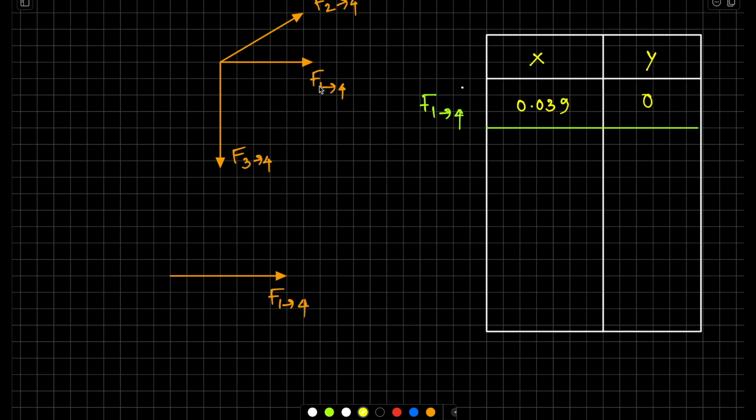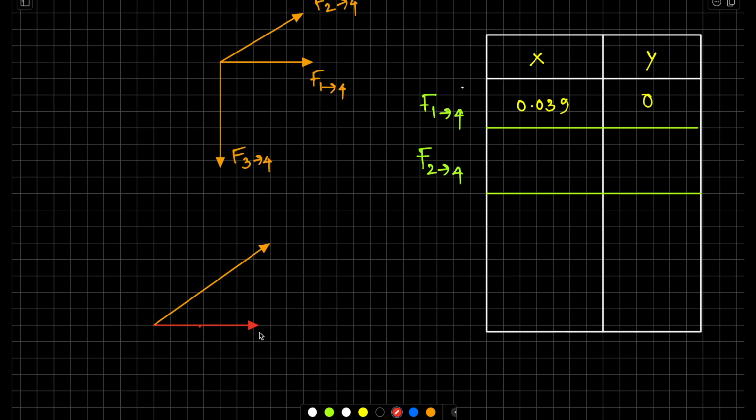Now, what about F2 on 4? All right, so I'll draw F2 on 4. This is F2 on 4, in this direction. I'm going to draw the x component and y component for this vector.